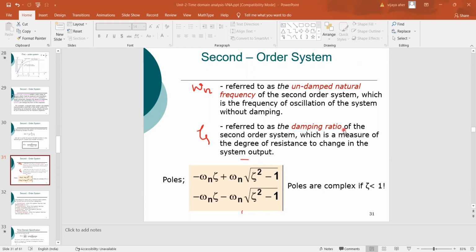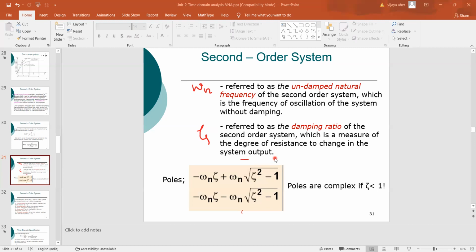In some references, it is called damping factor. Damping ratio of the second order system, zeta, is a measure of the degree of resistance to change in the system output. So these two definitions you have to remember: what is natural frequency, omega n, and what is zeta, that is damping factor.